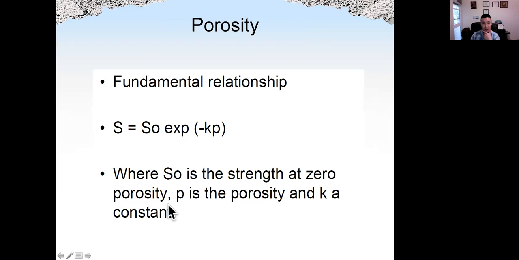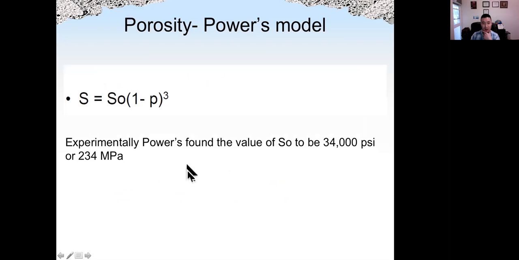The higher the porosity, the more quickly the strength becomes lower. But there is a limit on the strength, even at zero porosity. S0 for concrete is around 34,000 psi or 230 megapascals. So even if the porosity P is 0, the limiting strength is around 230 megapascals for concrete.